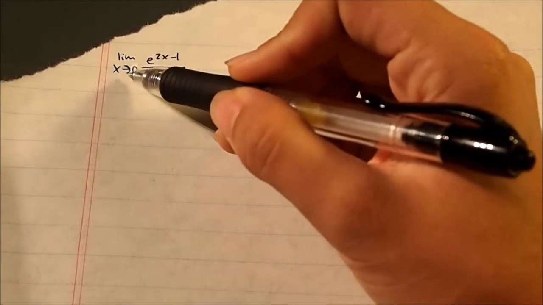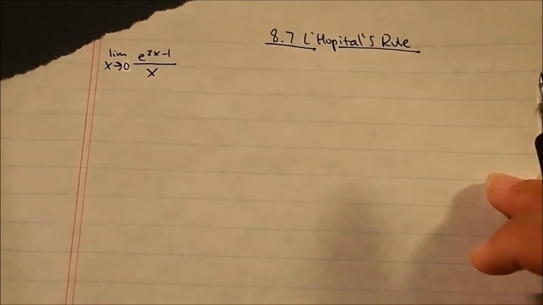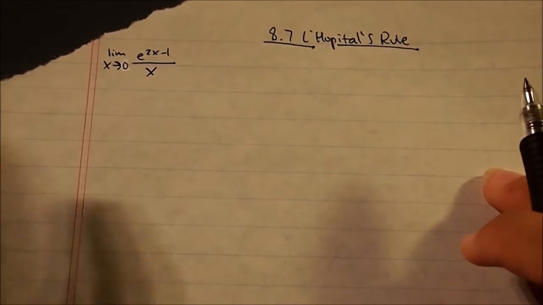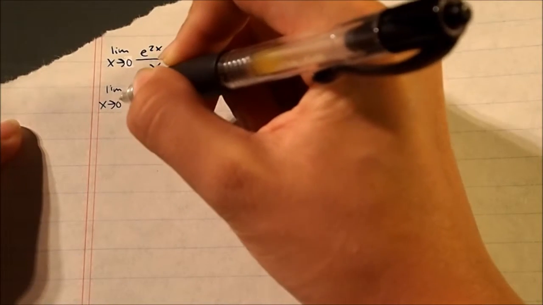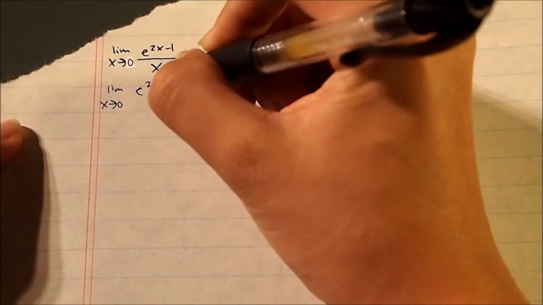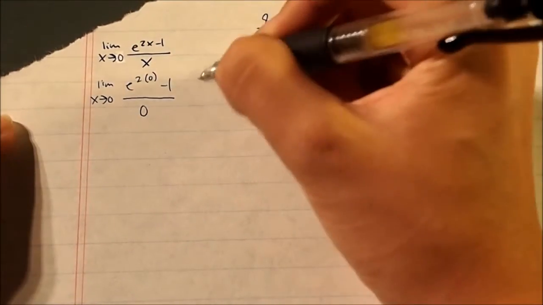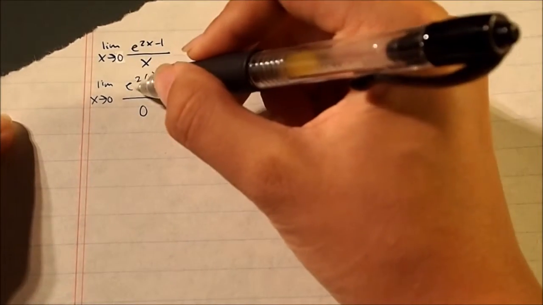The limit as x approaches 0 of e to the 2x minus 1 over x. The first step is to find what this limit is. In this case you just substitute in the value that x is approaching. So e to the 2 times 0 minus 1 over 0. e is a numerical value, just like pi.